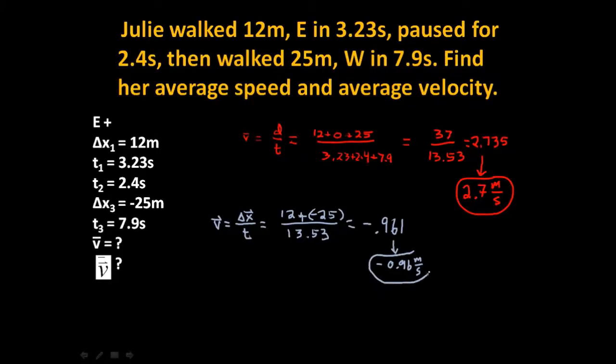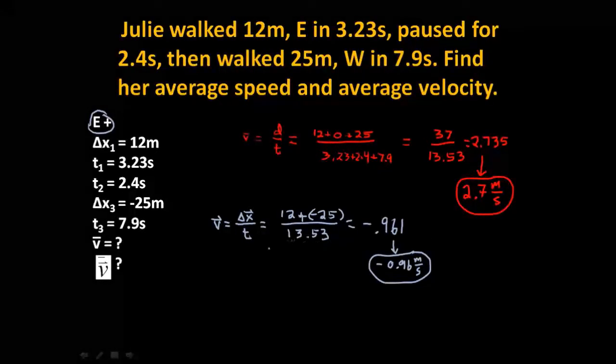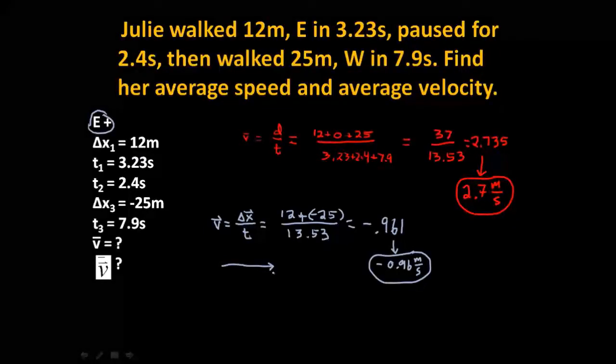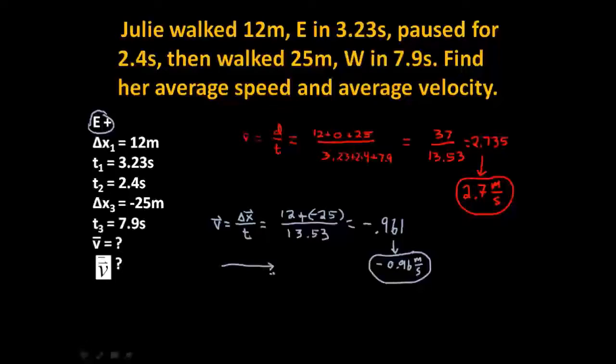Now, what does that minus sign mean? Well, don't forget when we established our frame of reference, we said that east is the positive direction. And so that negative means that the average velocity is to the west. And it's also a different number than the speed. Let's see if we can figure out why. You see, what happened was Julie walked to the east 12 meters in a certain amount of time. Then she turned around after waiting for 2.4 seconds and walked west 25 meters.